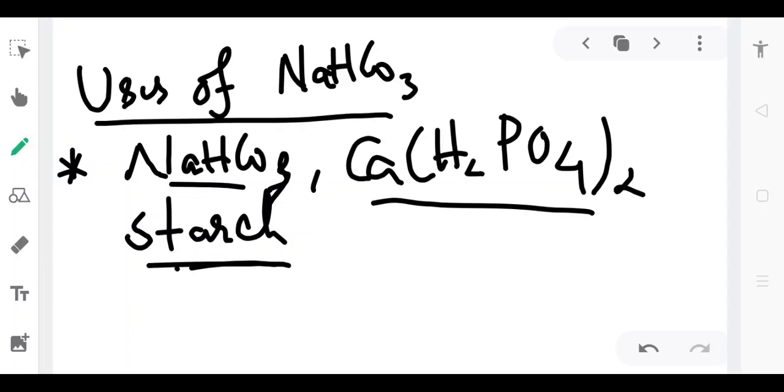So the ingredients are sodium hydrogen carbonate, calcium hydrogen phosphate and starch. The main component is sodium hydrogen carbonate.